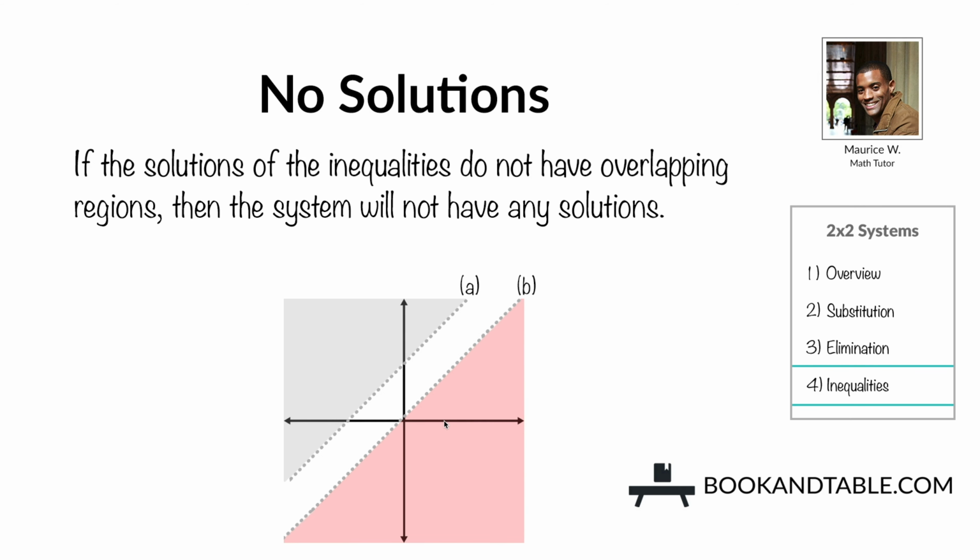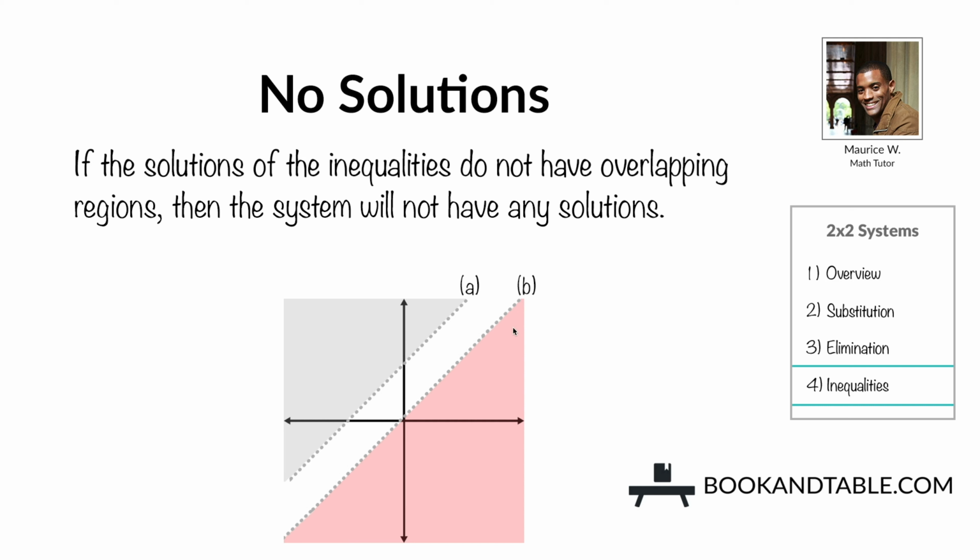Now, there will be some cases in which you will not have any solutions. If the solutions of the inequalities do not have overlapping regions, then the system will not have any solutions. So let's say you had some inequality A, and the solutions were greater than this line, then these points would represent the solutions.